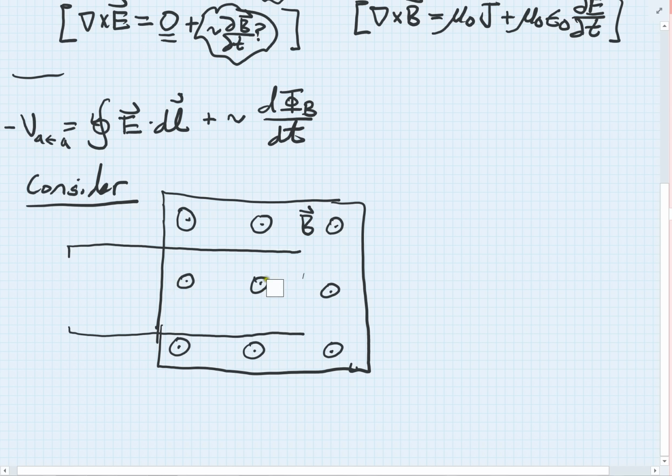I'm going to be changing that magnetic flux, and the hope is that this is going to give me some understanding of how changing magnetic fluxes might actually be able to generate voltages around a closed loop, around a circuit. Help us to maybe even drive current around a circuit.